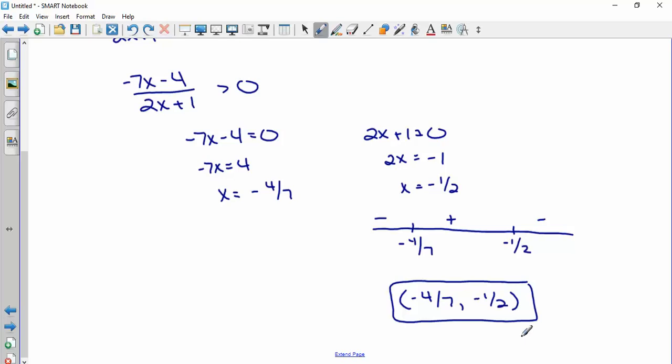If I had had an equal to, would both of those get a bracket? No, which one? Just the -1/2 would still get a parentheses because it was on the bottom. The -4/7 could get a bracket because it was on the top.